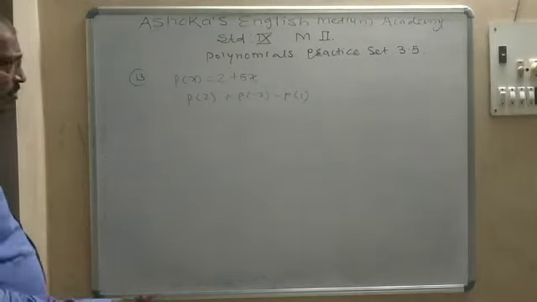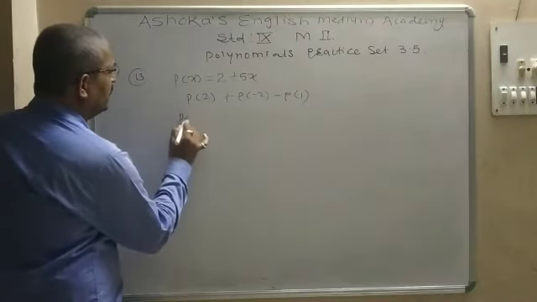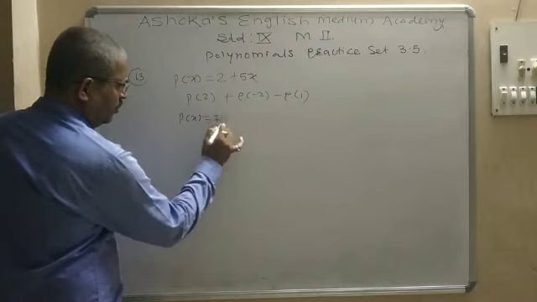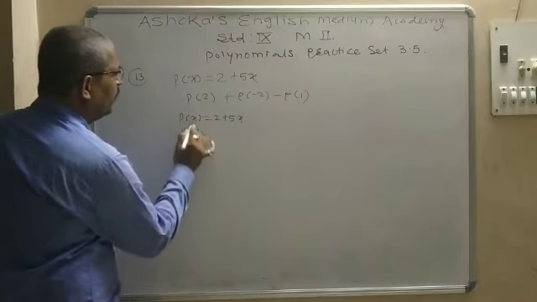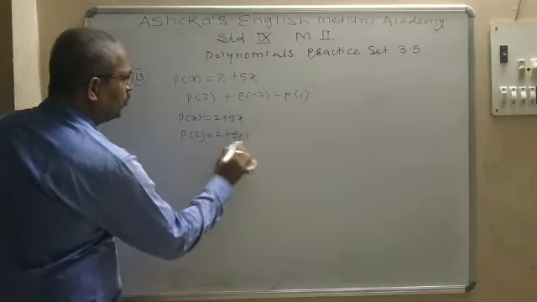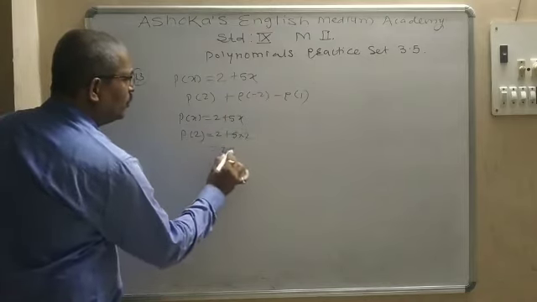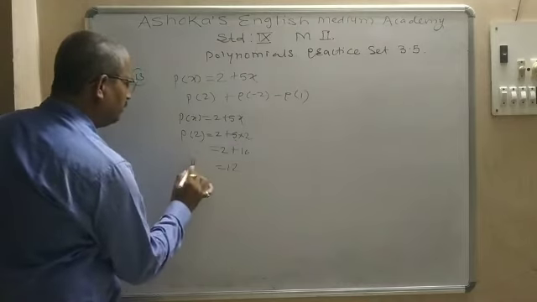Okay? No problem. P(2): what is P(x)? P(x) is equal to 2 plus 5x. Then here for P(2), put the value x equal to 2. Therefore 2 plus 5 into 2. 5 twos are 10. You will get here 12.